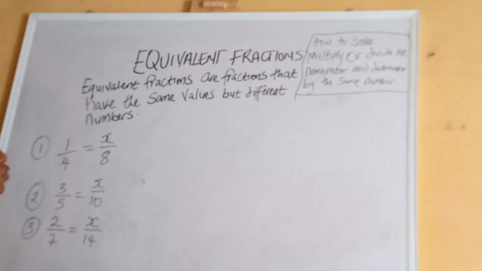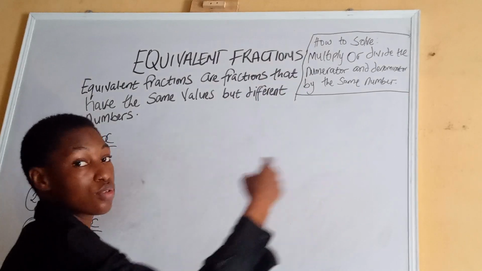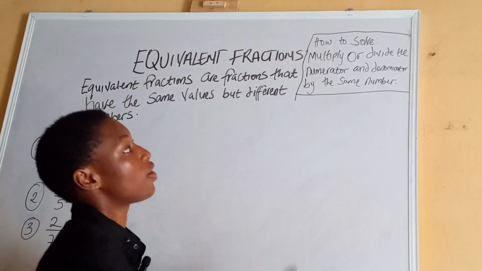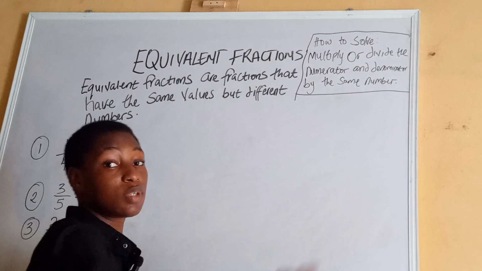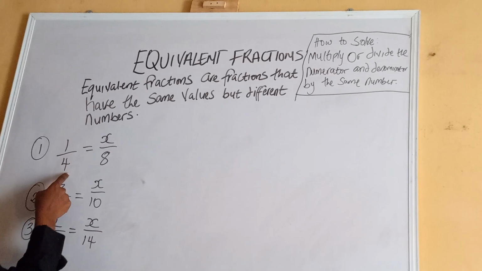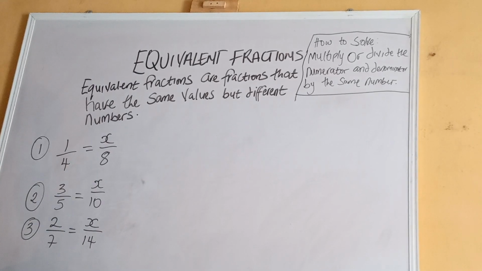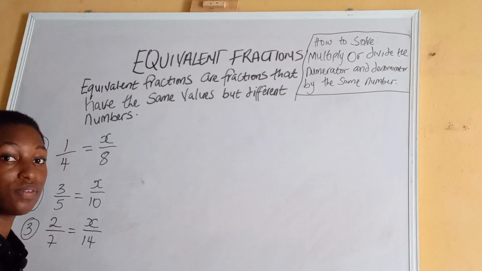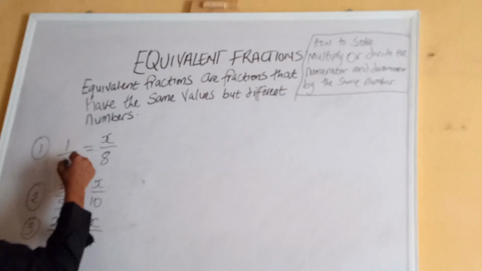How to solve is you multiply or divide the numerator and denominator by the same number. 4 times what will give you 8? What can I multiply by 4 that will give me 8? If you are good with your multiplication table, you know that 4 times 2 will give you 8. So you multiply by 2.